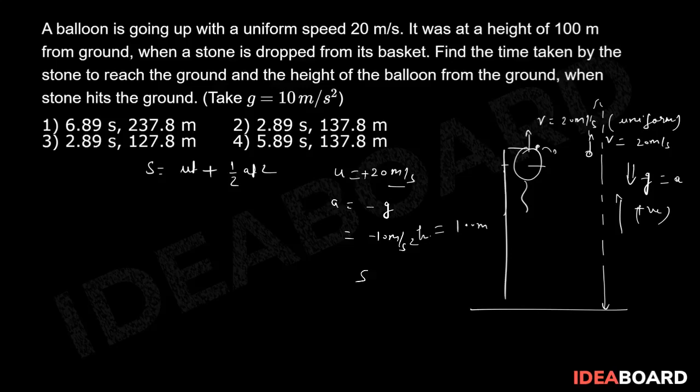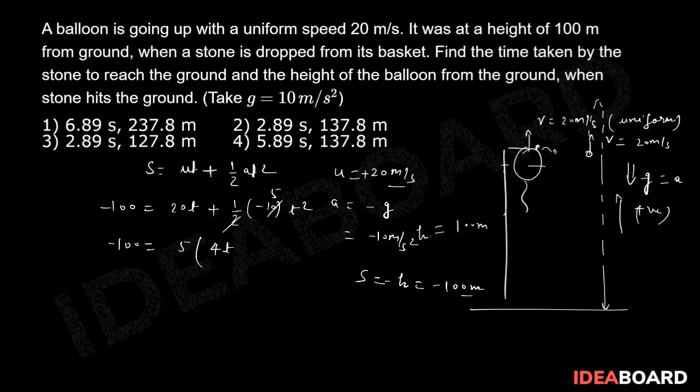The value of s is minus h, which means minus 100 meter. Let us put the values. So minus 100 is equal to 20t plus half into minus 10 into t square. Taking 5 common, minus 100 is equal to 5 times 4t minus t square.